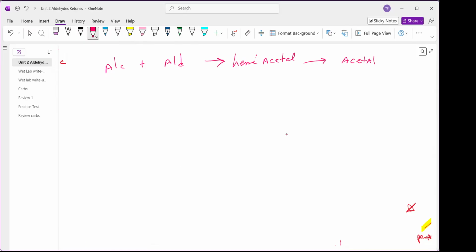When we take a ketone, we form a hemiketal. And then the reaction goes on to a full-blown ketal.